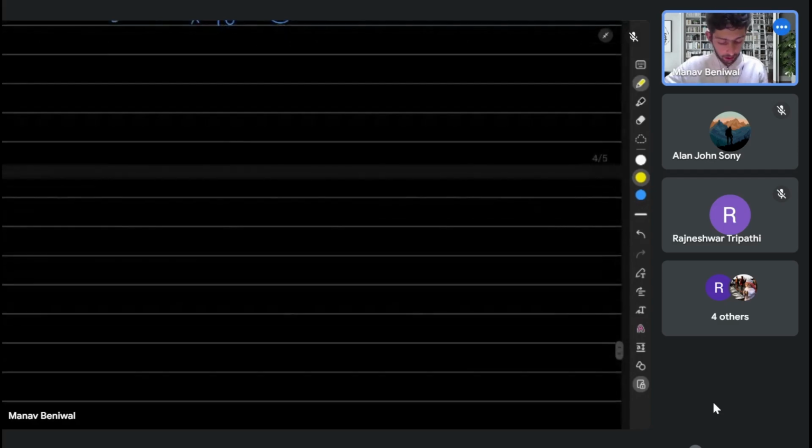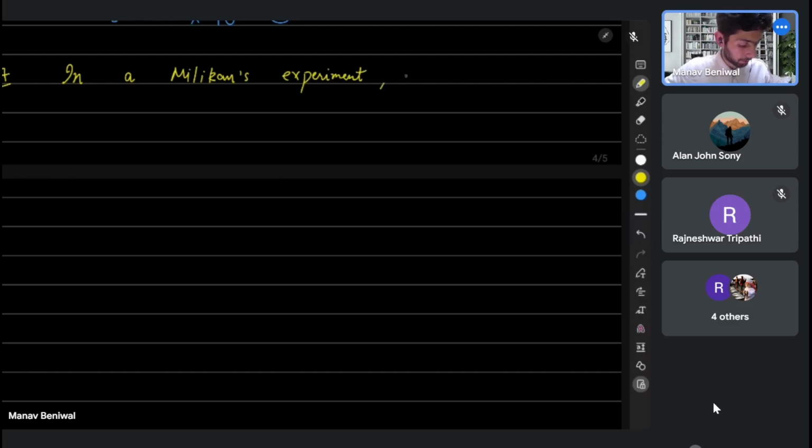I'll write my problem here. This will be question 7, and the problem is, in a Millikan's experiment, you have an oil drop of mass m equals 64 into 10 to the power minus 10 kg.